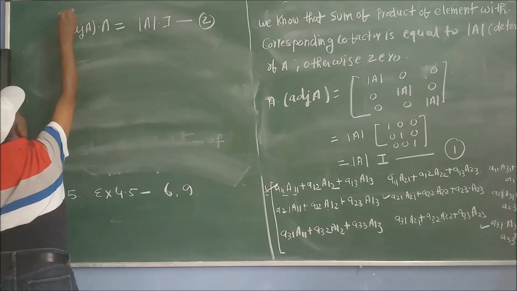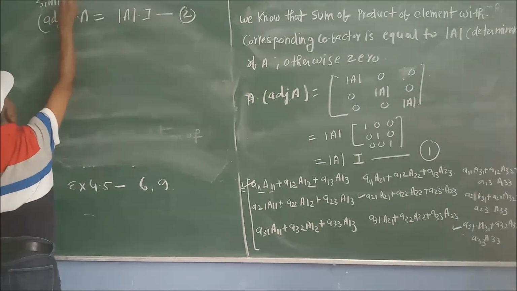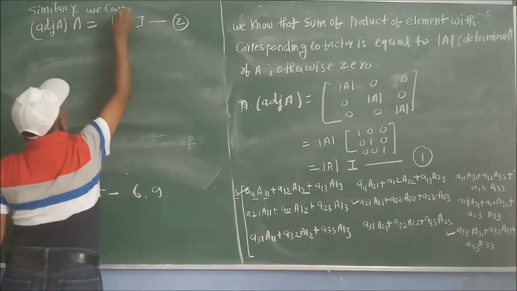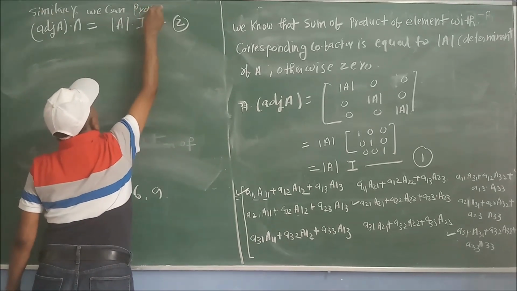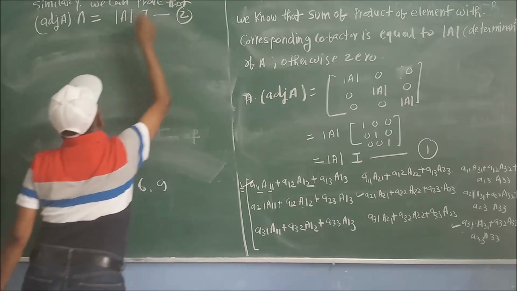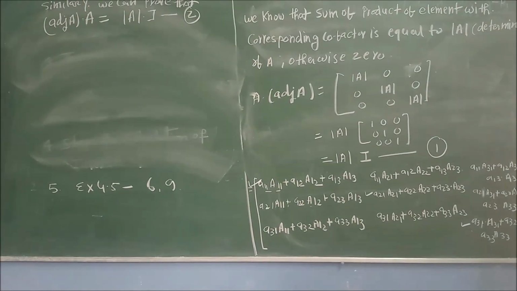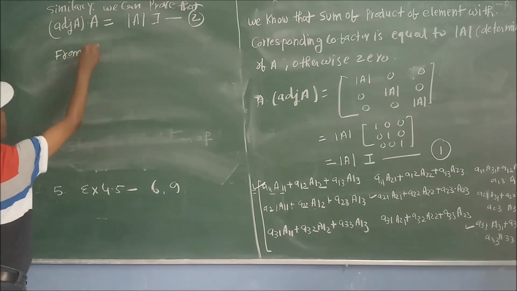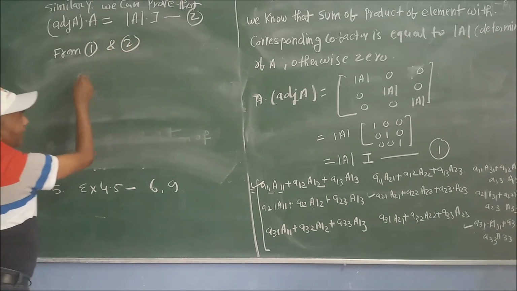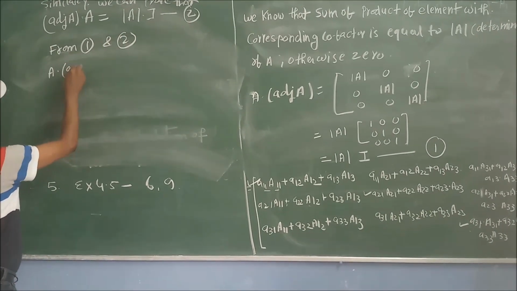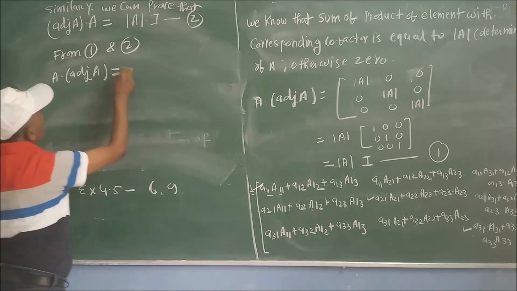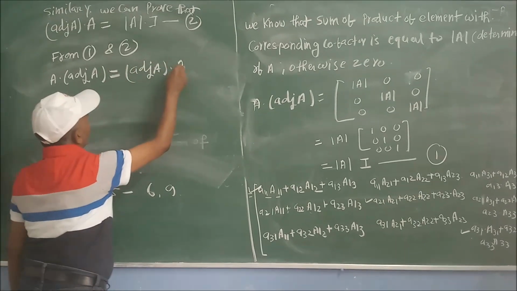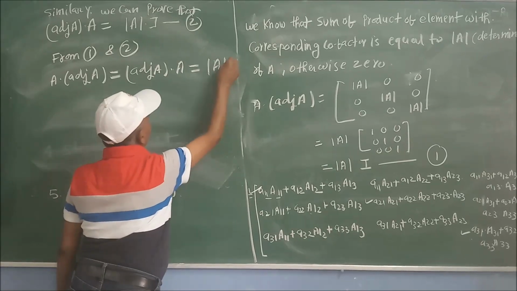Similarly, in the same way, we can prove that adjoint A into A is equal to determinant of A into I. So from 1 and 2 we can say that A into adjoint A is equal to adjoint A into A is equal to determinant of A into I.